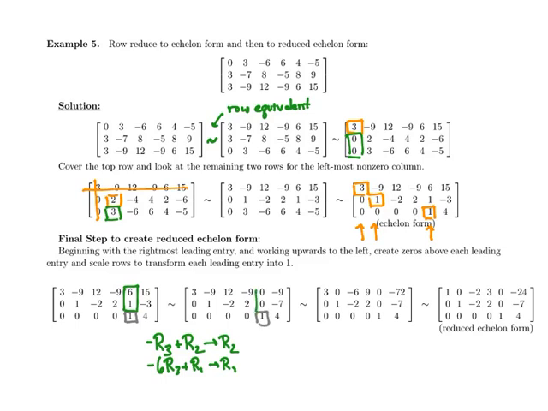Pivot, zero out the stuff above it. We're going to do that for the next pivot as well. We have our pivot. We're going to try to zero out what's above it. Again, that row operation would be 9 row 2 plus row 1 into row 1.